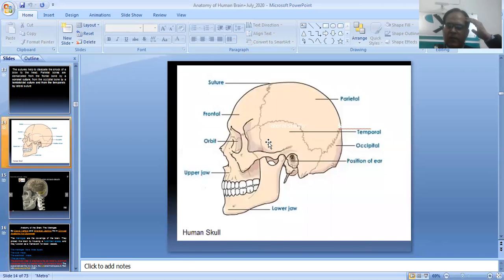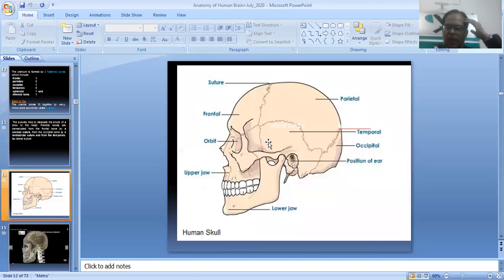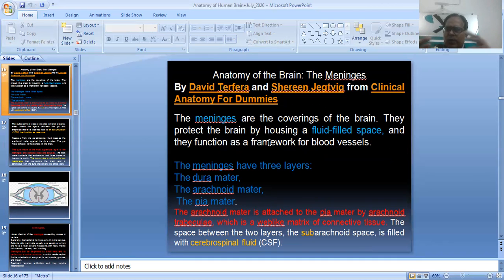Cranium is made up of a total of 8 flattened bones. I told you all these are connected with sutures. And this brain, at last, is also covered with the meninges. These meninges have three layers, my dear friend: the dura mater, the arachnoid mater, and the pia mater.